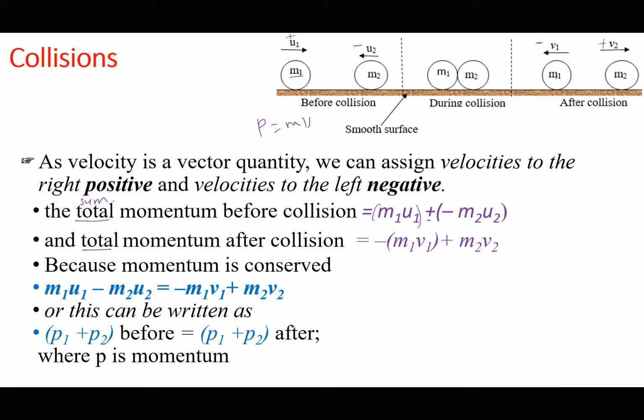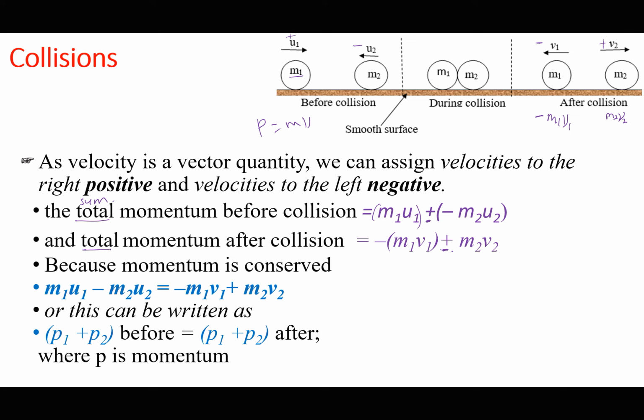For m1, it is to the left-hand side, so it is going to be m1 v1 with a minus. For m2, it is to the right-hand side and the velocity is positive, so this will be m2 v2. A lot of times students forget to consider these directions when finding the total momentum. So total momentum after collision will be negative m1 v1 plus m2 v2. The plus is because we are summing up, finding the total.